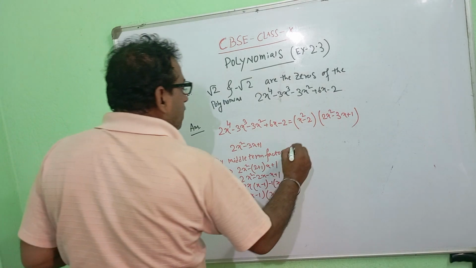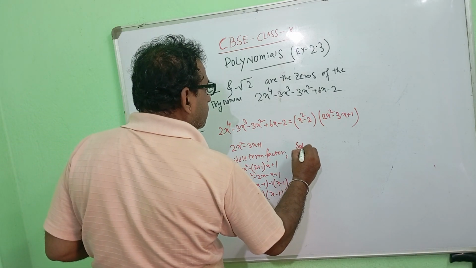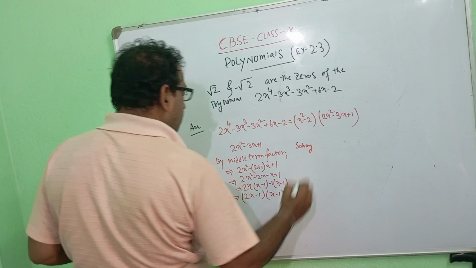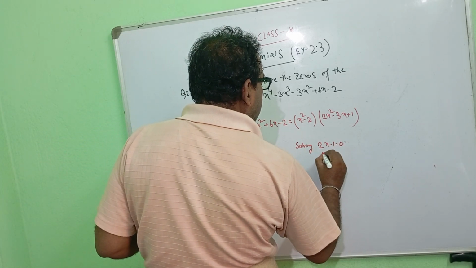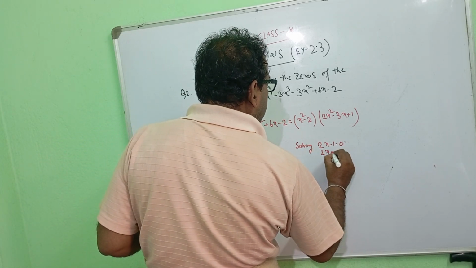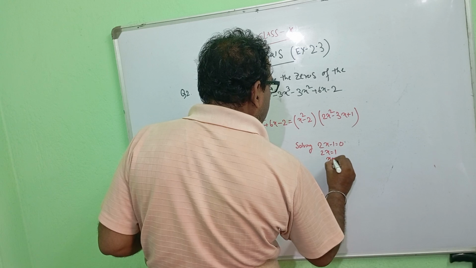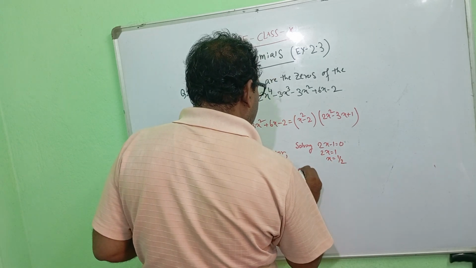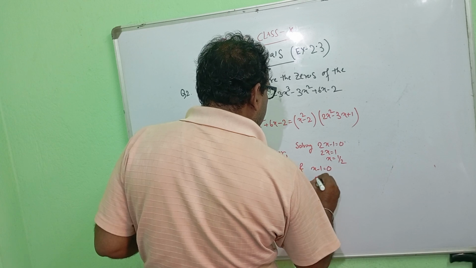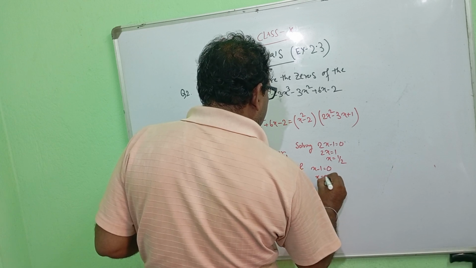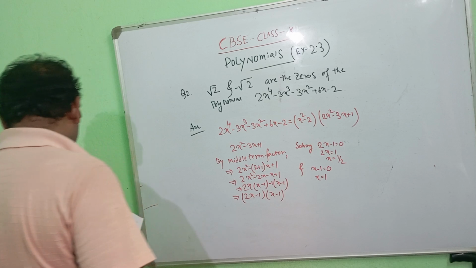So solving that, 2x minus 1 is equal to 0, then 2x is equal to 1, x is equal to half, and x minus 1 is equal to 0, that is x is equal to 1.